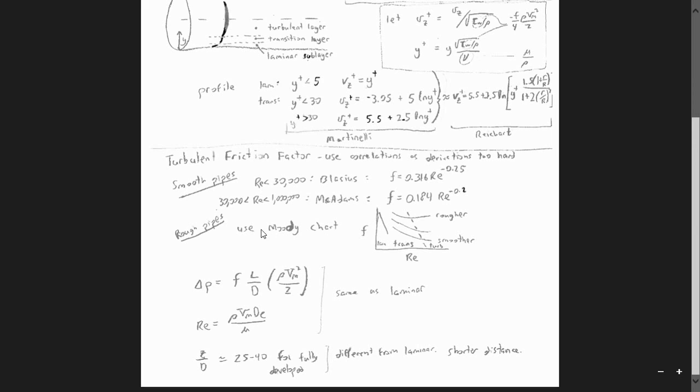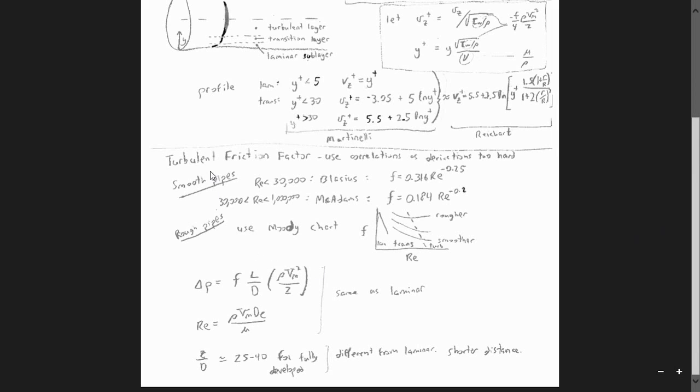But if we didn't have a smooth surface, say we had a damaged surface, then our friction factor will be found from the Moody chart, where the roughness of the pipe is found from experiment on the pipe itself, and the Reynolds number for the flow is calculated given the flow conditions, and then we use that combination of how rough the pipe is and our Reynolds number in order to find it. Like I said, that's not going to apply in our particular class.